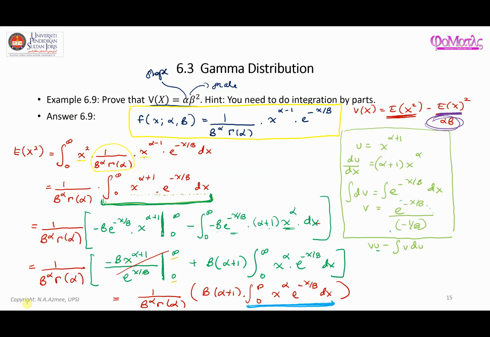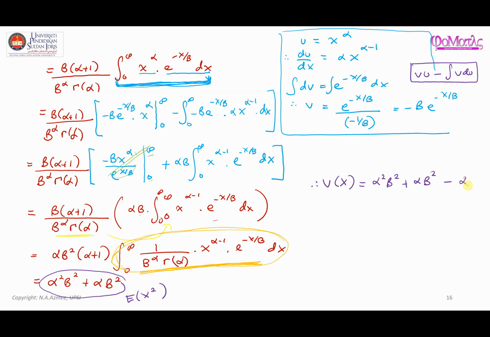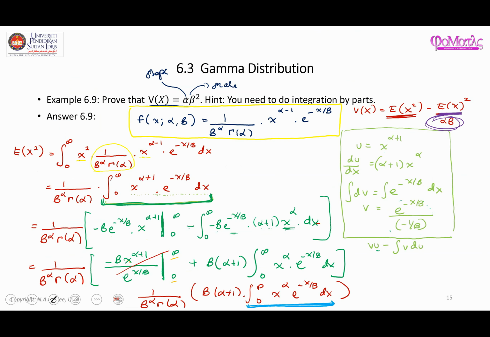So we're going to minus alpha beta, squared. So we have this guy minus alpha squared beta squared, and you can cancel that out. So the final result is alpha beta squared, which is what you are supposed to demonstrate right here.